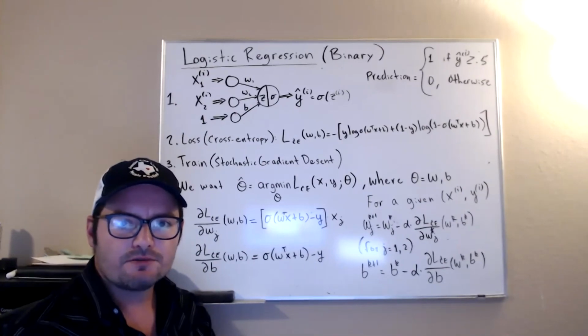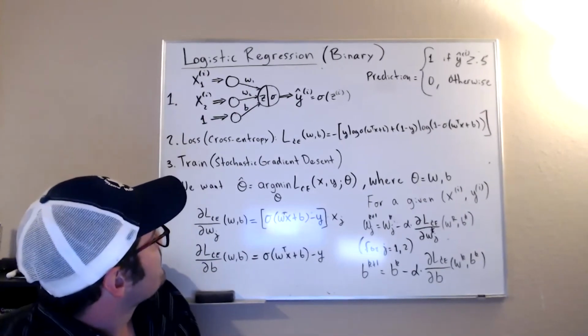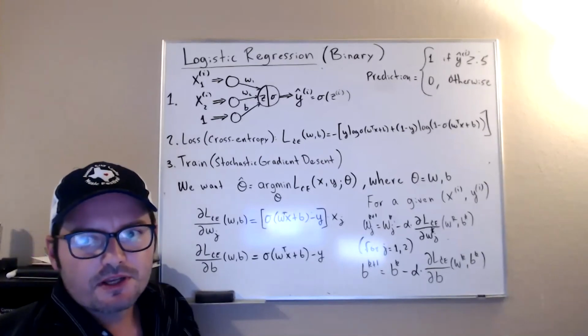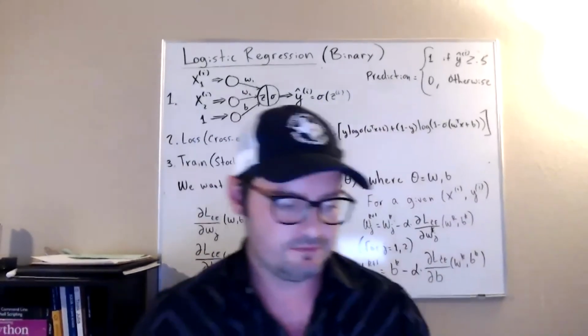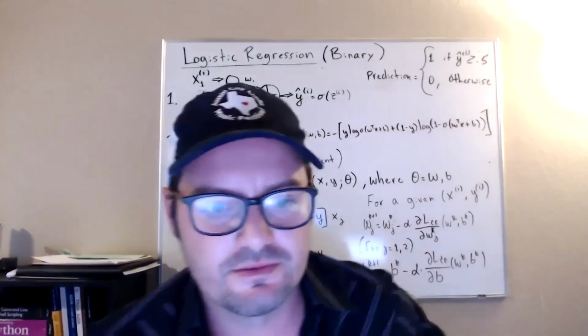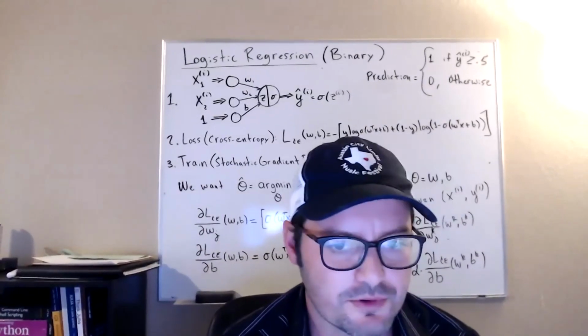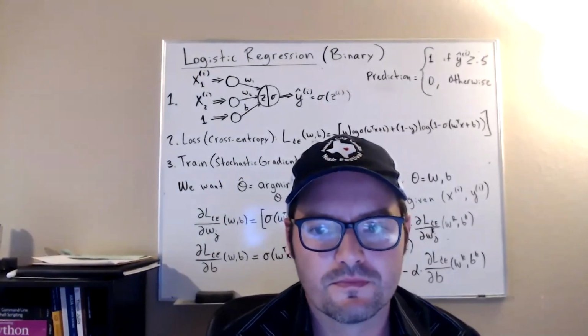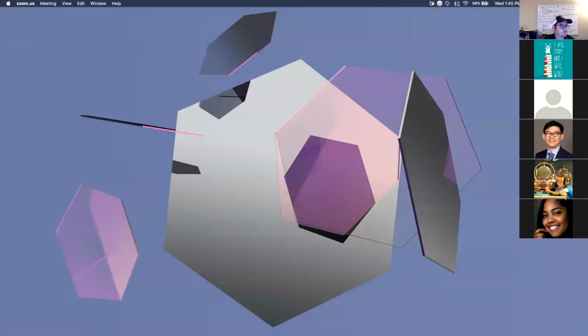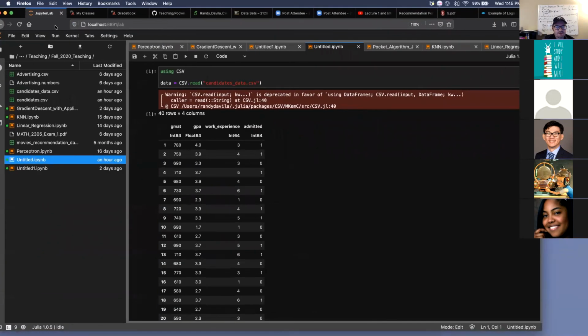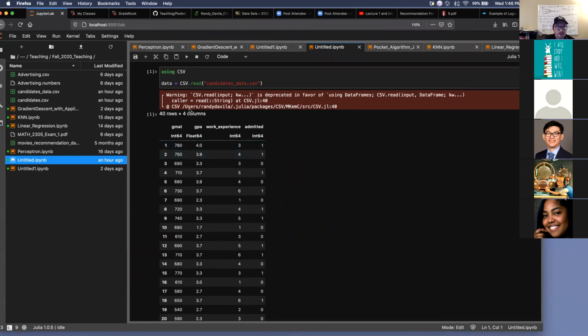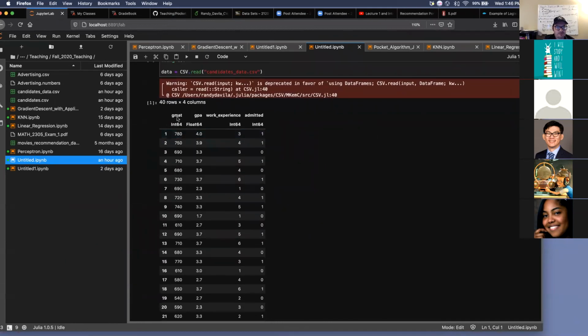So I'm afraid I don't have time to actually program this from scratch with you today. So what I would suggest you do on your own before next class is to go to Blackboard and pick up this candidates data set. And then you see here that you can read this in, and we have GMAT, GPA, work experience, and then the admitted column here.